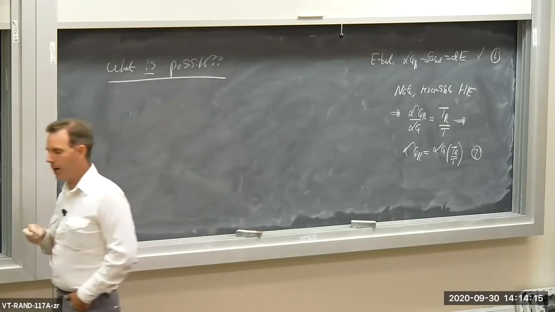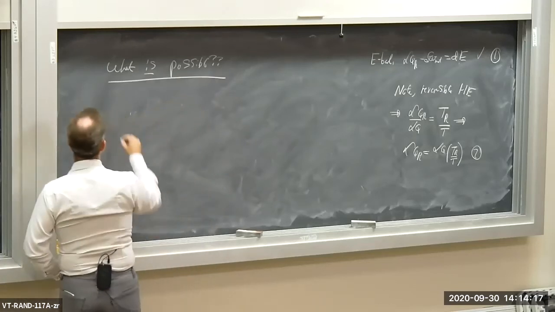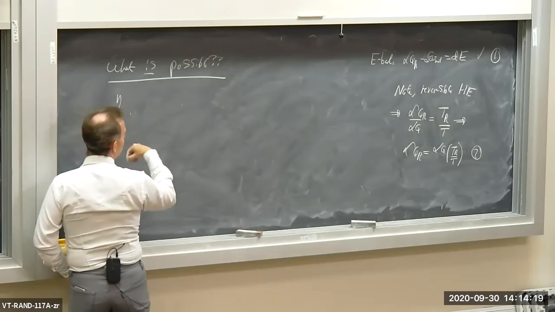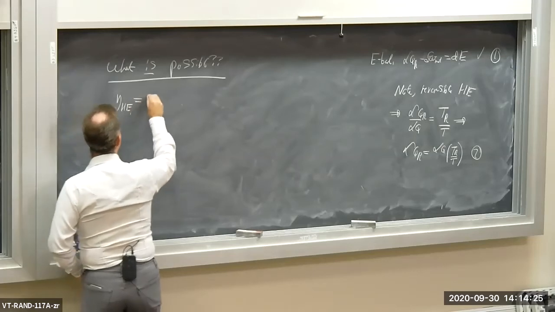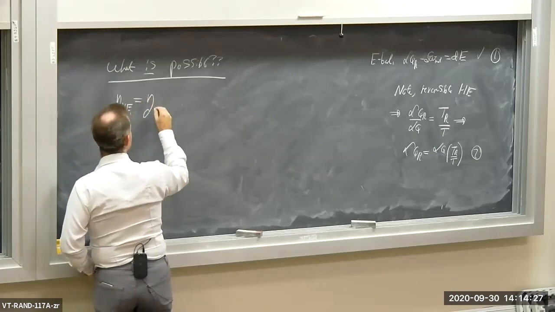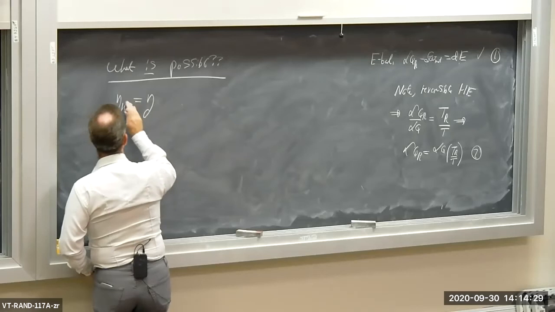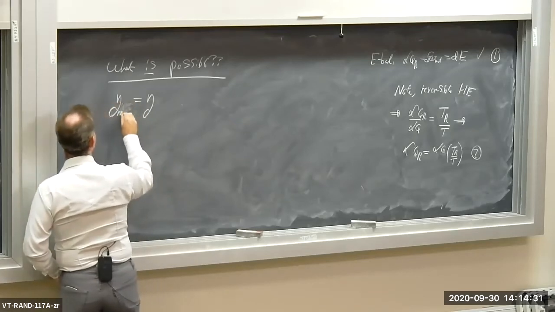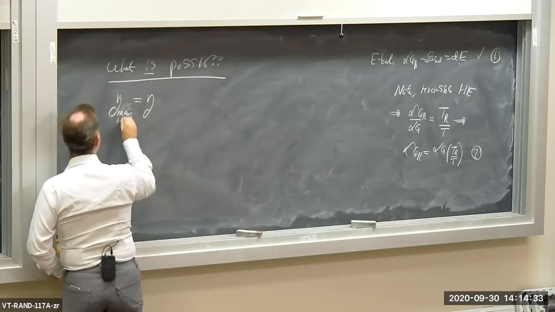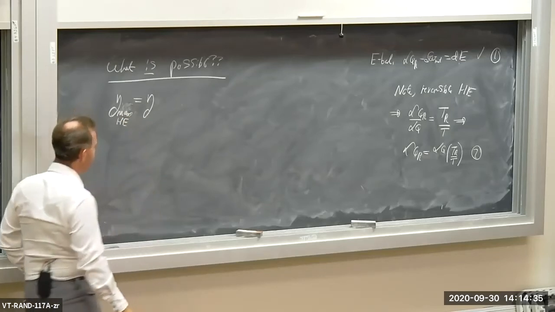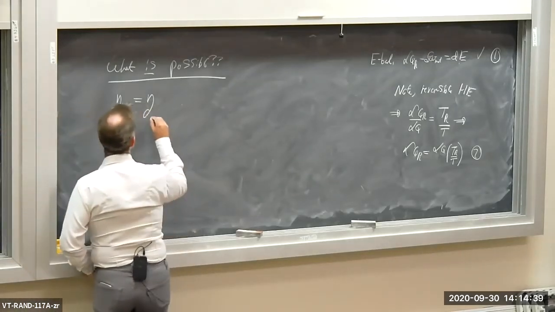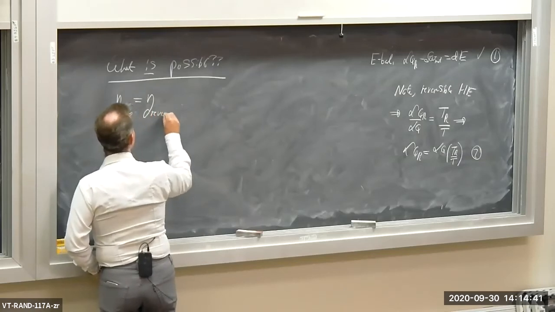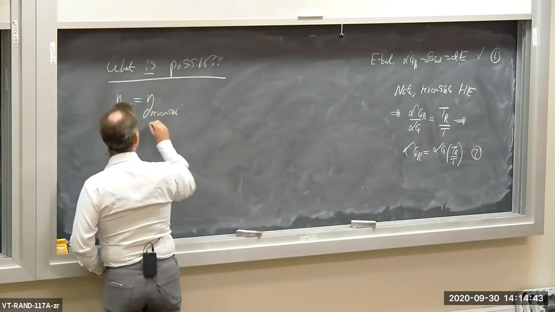Well, what I mean by that is the maximum efficiency for some heat engine. I'll put HE max. And what I mean by that is the efficiency of a heat engine. The maximum efficiency is equal to the efficiency of a reversible heat engine.